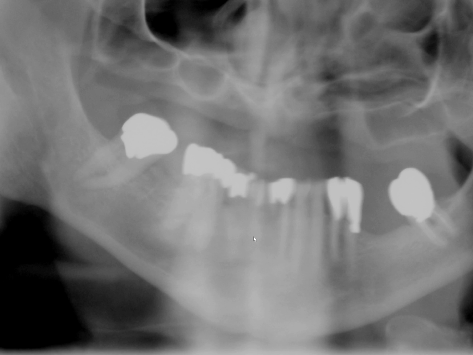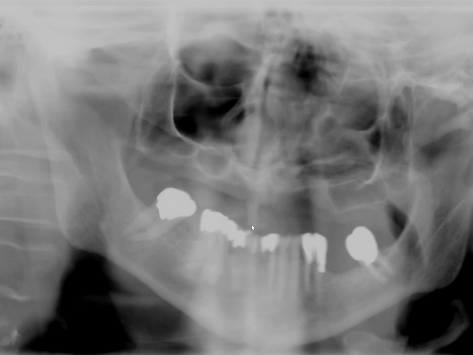It doesn't have that distinct PDL space or lamina dura, that spatial resolution that we need. So again, I think this is a good point that panoramic radiograph doesn't provide a good spatial resolution, but it's good about giving you a large area for us to evaluate from a single radiograph.